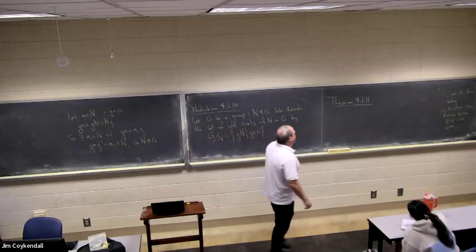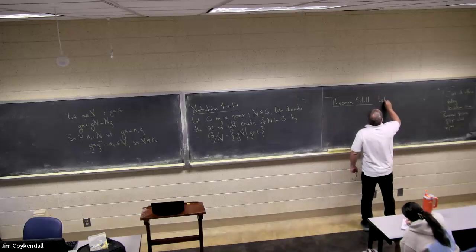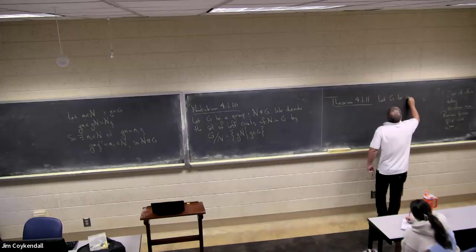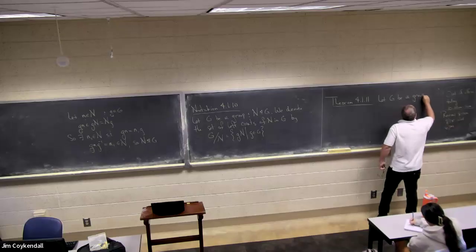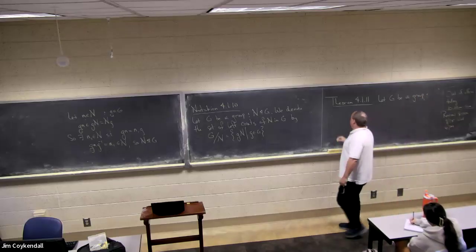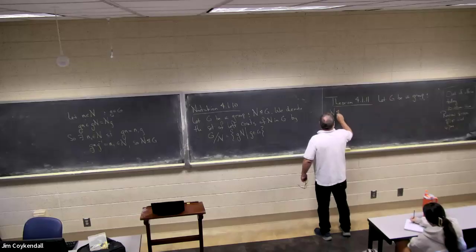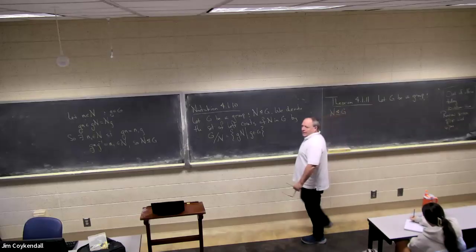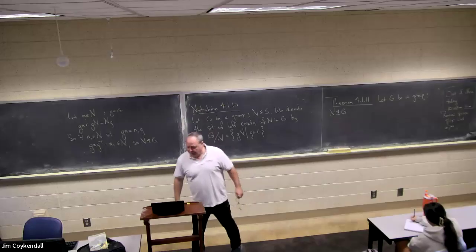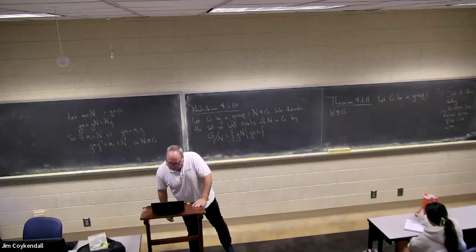Let G be a group and N a normal subgroup of G. For the rest of the statement, the fact that this is normal is incredibly important.